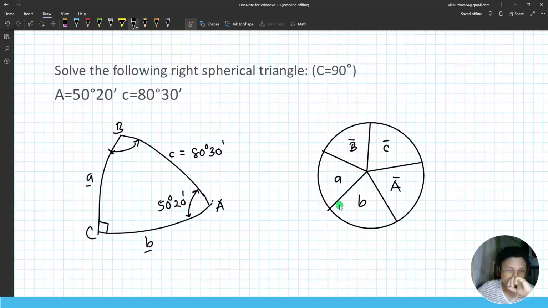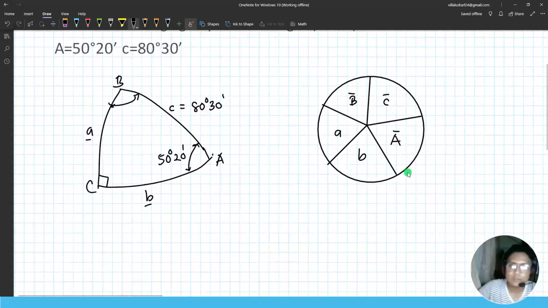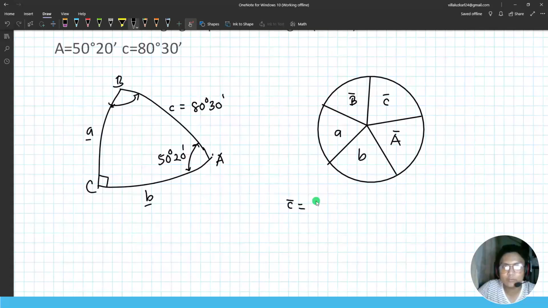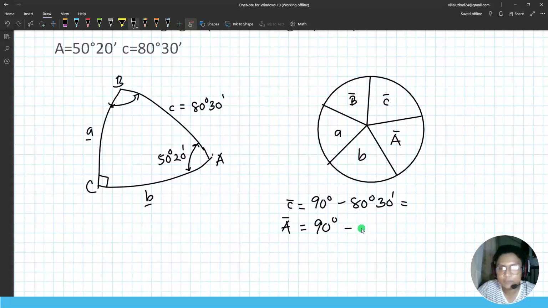So, based on the given, we have C and A. For bar C, the complement of C is 90 degrees minus 80 degrees, 30 minutes. For bar A, we have 90 degrees minus 50 degrees, 20 minutes.